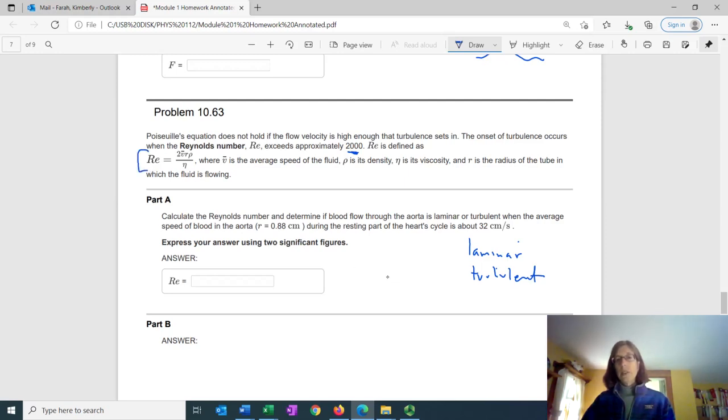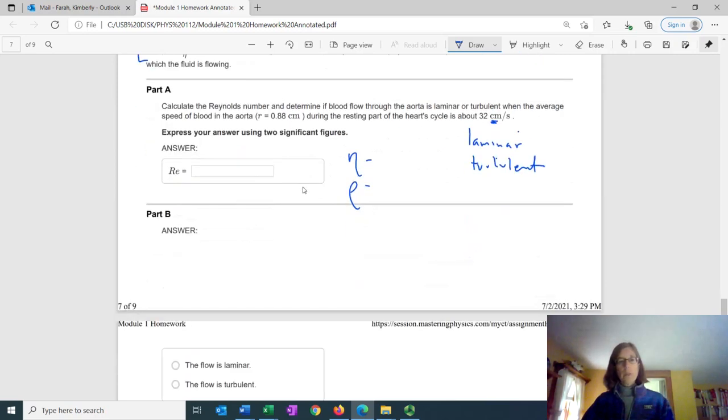In this case, they're giving you the values that you need, and they're asking you to calculate the Reynolds number. You are probably going to need to look up the viscosity of blood in order to solve this, and then the rest of the values they're giving you. Be careful, again, unit-wise, you may have to convert here because you've got to use the correct density for blood, and you've got to use the viscosity, so be careful about your units here.